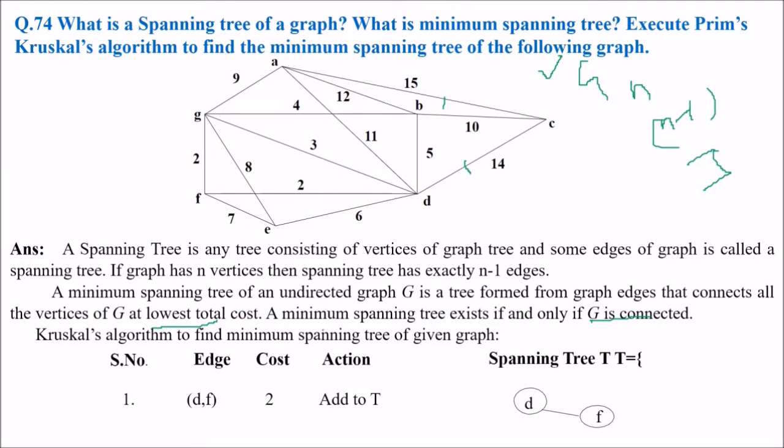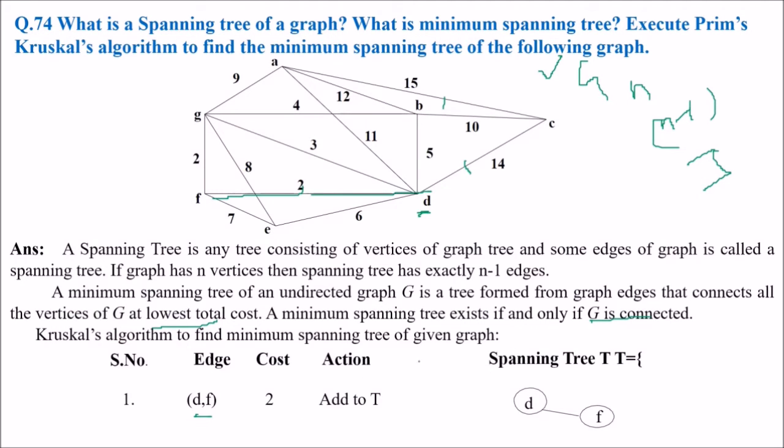So let us see Kruskal's algorithm; you will understand more about what exactly makes an MST. Let's start with D, any arbitrary node you can take. DF. What is the weight? 2. So the first is DF, and the cost is 2.